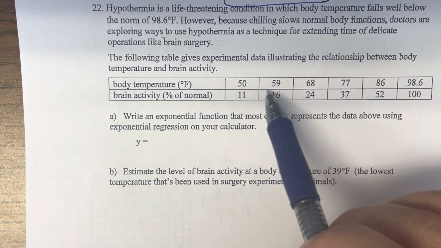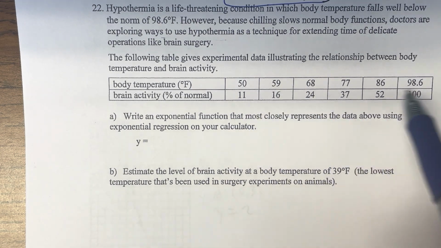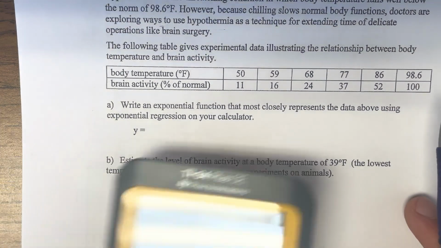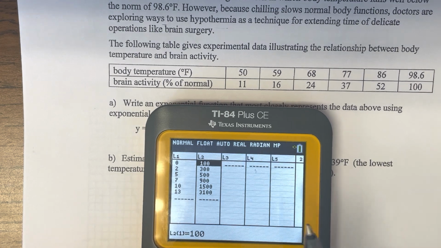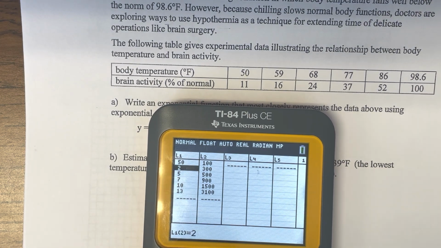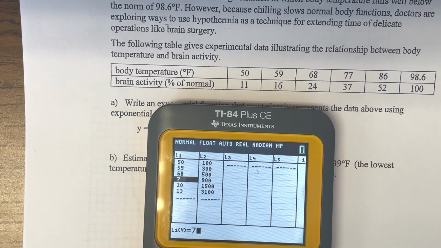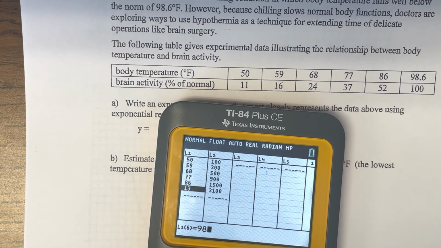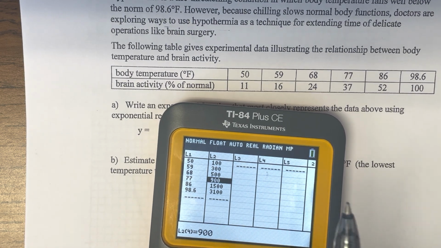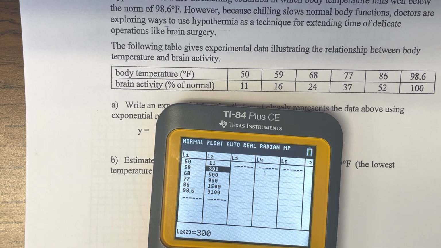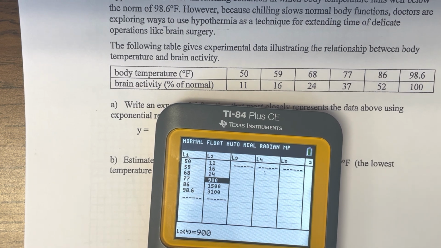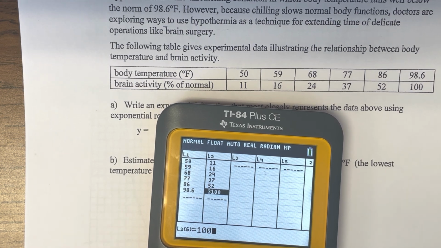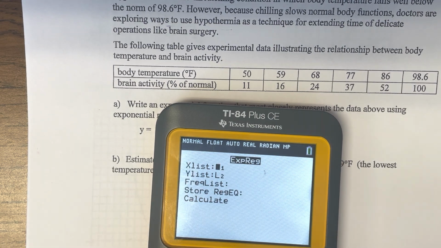All right, and so we'll go ahead and put this in our calculator just as it is. And so stat, edit, 50, 59, 68, 77, 86, 98.6, 11, 16, 24, 37, 52, and 100. Go back into stat, we'll go to the 0 option.